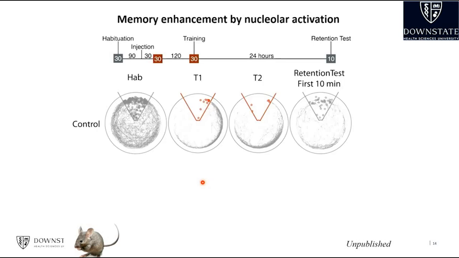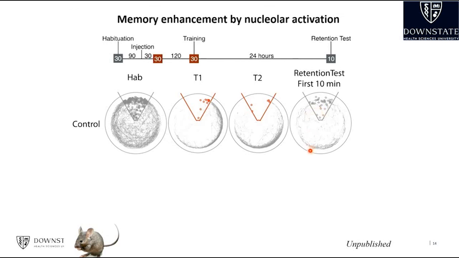And this is the control. We have the training trials. The animals are avoiding and learning at the same time the shock zone. You can see here, this is the shock zone. But if you come back next day, because they are not trained well, they kind of get into the shock zone. Okay?